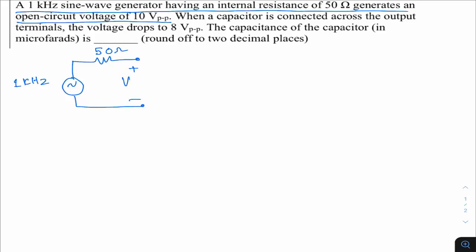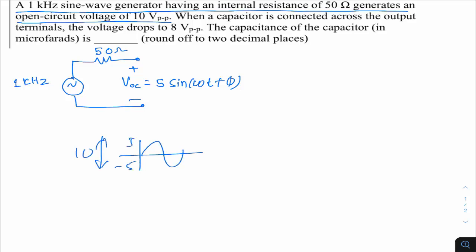Let's say if I am calling this VOC, open circuit voltage, this should be in the form of 5 sine omega t plus some phase phi. Because if I take the peak amplitude 5, then only the peak to peak will be 10, right? Don't say that it is 10 sine omega t plus theta. So it should be 5 sine omega t plus theta. Okay, so this is the first data.